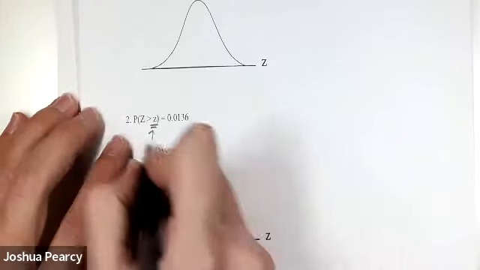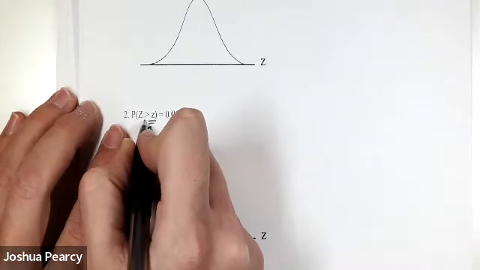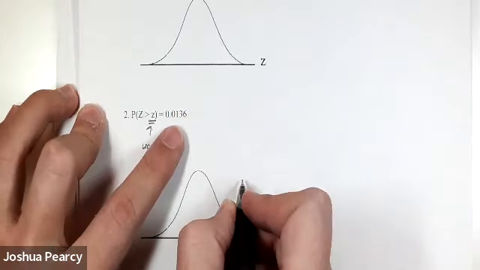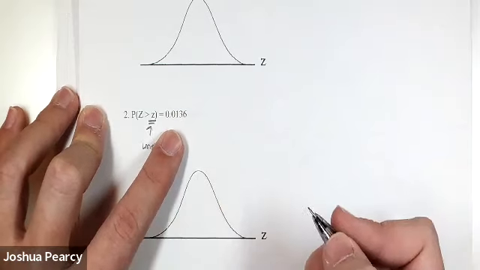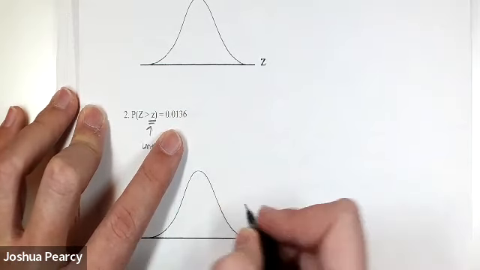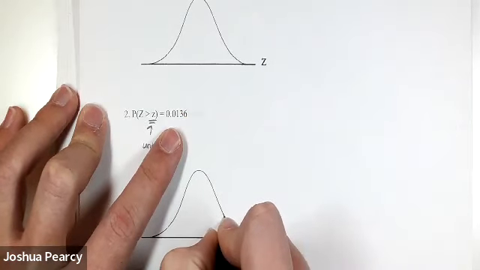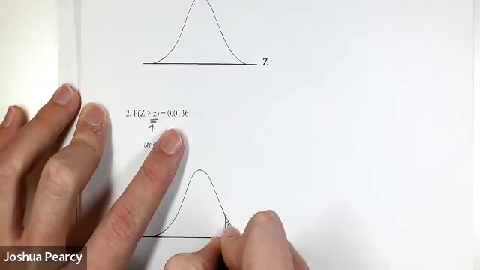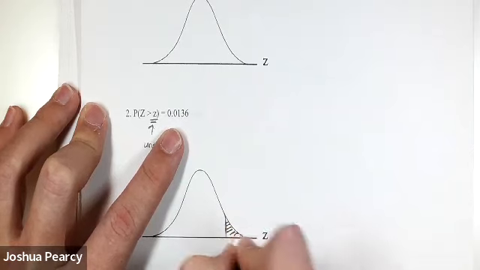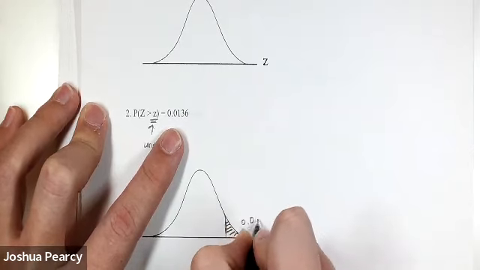It's saying find the z-score such that the probability of z being greater than it is 0.0136. That is saying that the area to the right of some z-score here is 0.0136.